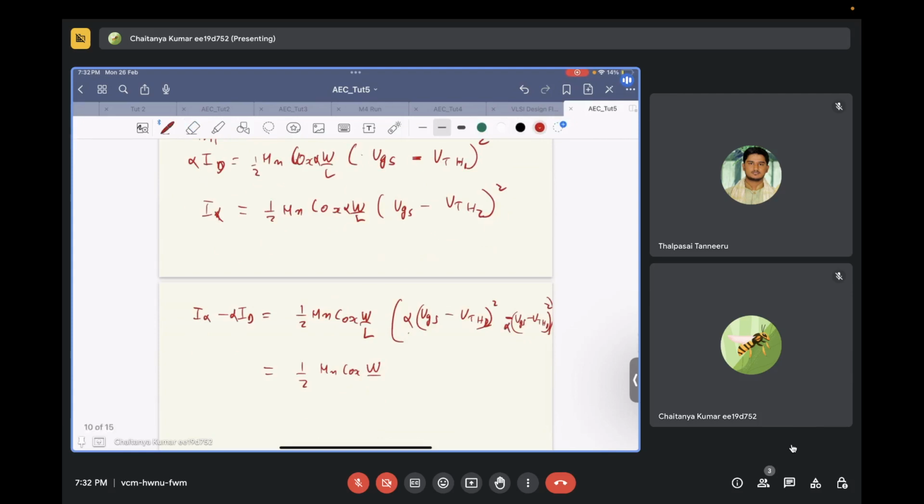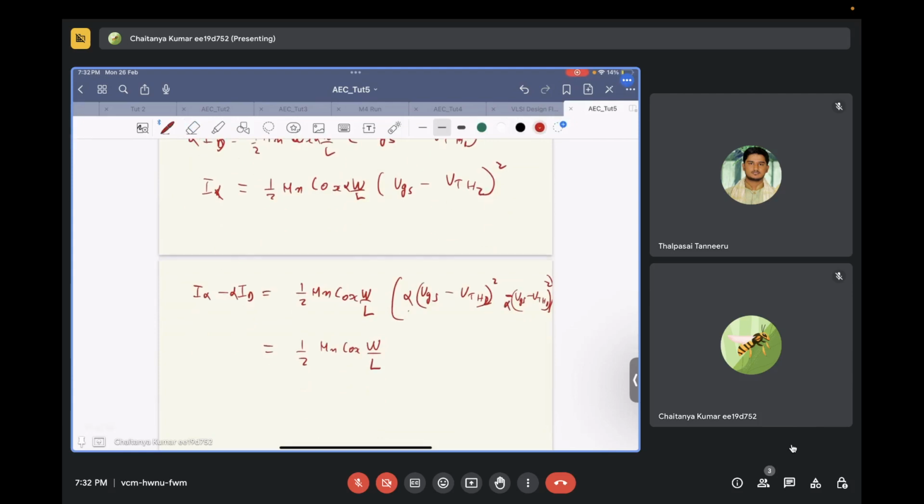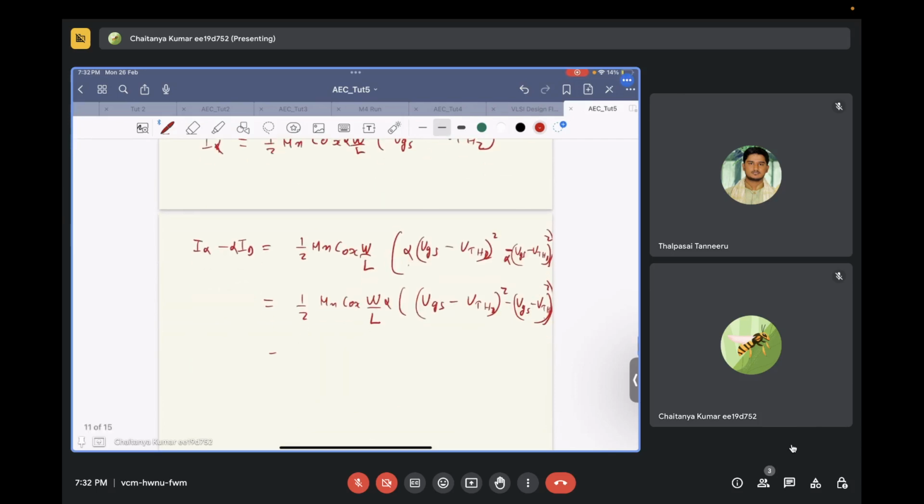So then what you will have is (VGS minus VTH2) whole squared minus (VGS minus VTH1) whole squared, right? So this is half mu1 Cox W by L times alpha times VGS. So if you subtract this, what will you get?